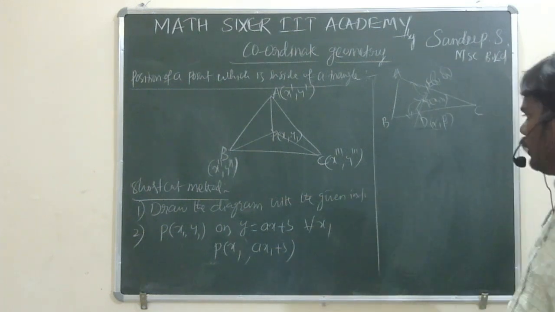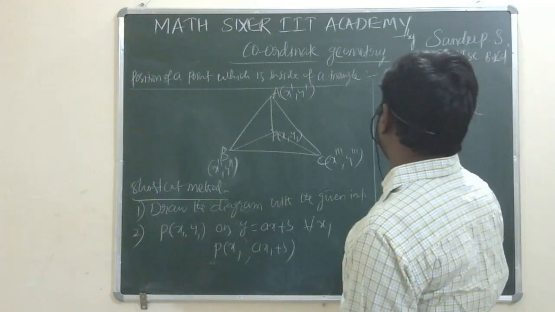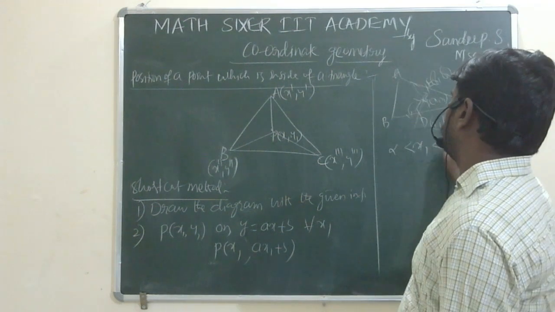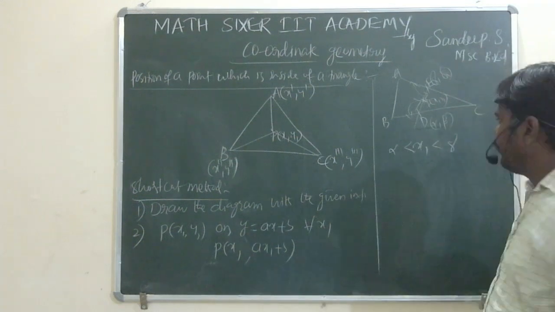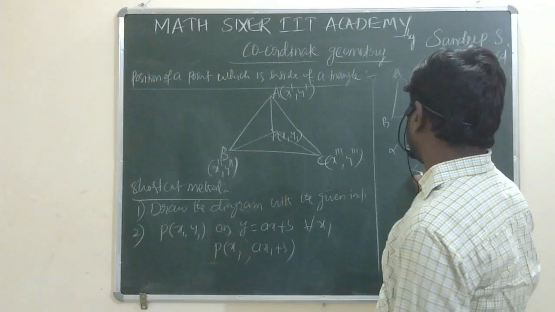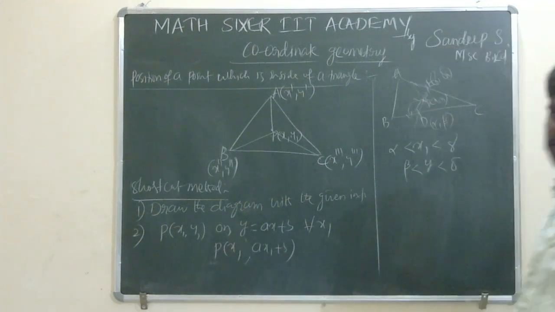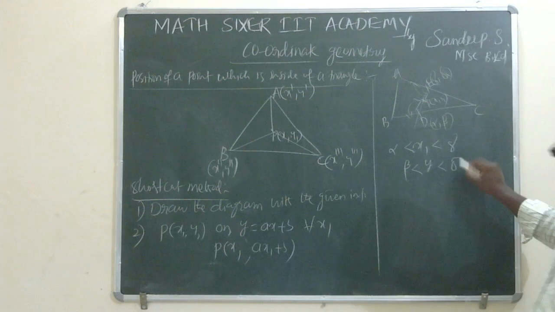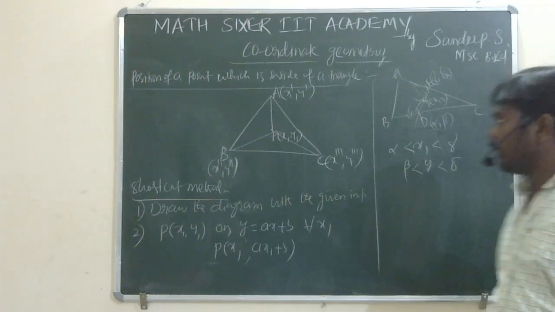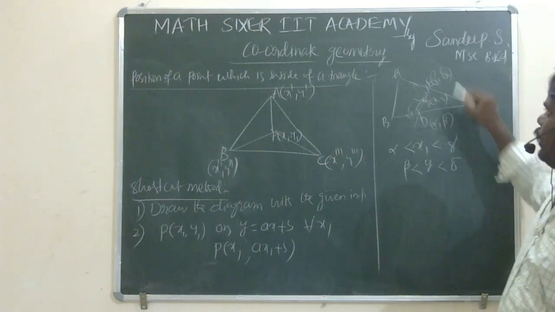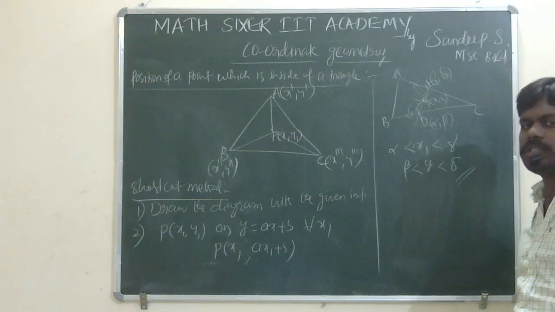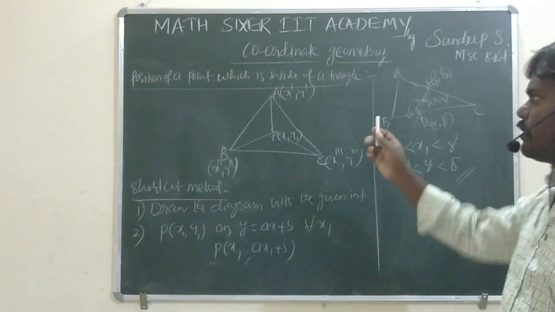Okay, then x1 is between alpha and gamma, and y is between beta and also delta. So this is useful and also very easy to find the answer in this case.